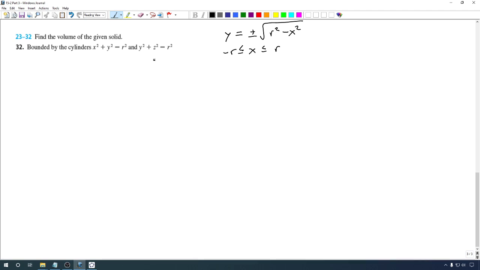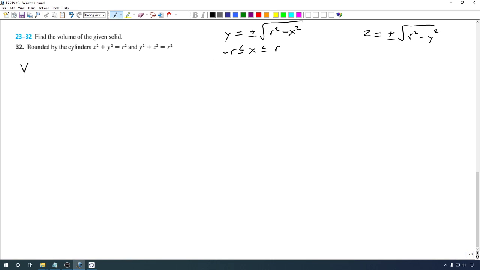In this case, it won't depend on x, it'll just depend on y. We get z equals plus or minus square root of r squared minus y squared. And then this is two different surfaces that we're going to subtract.